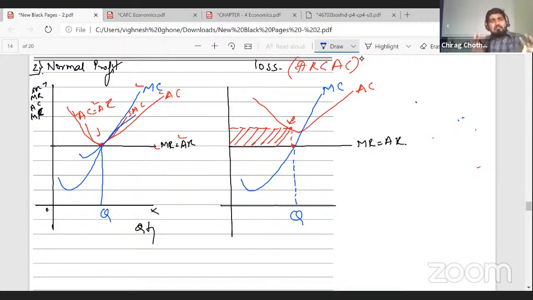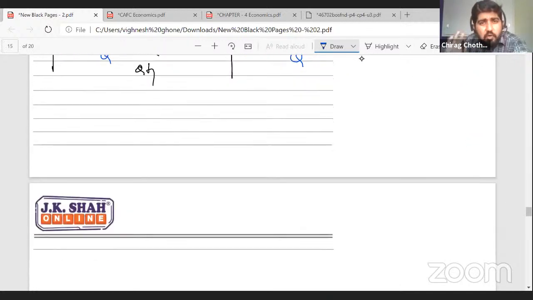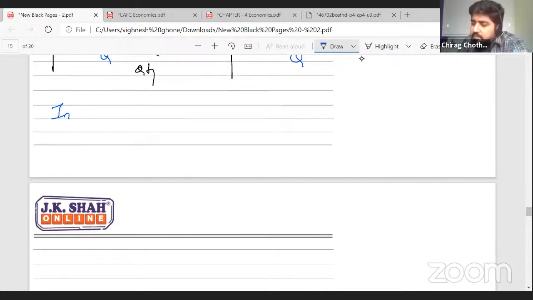So basically, moral of the story, in perfect competition in long run, remember one thing: in long run, everything is equal to everything. Because in long run, in perfect competition, we get normal profit. Correct?